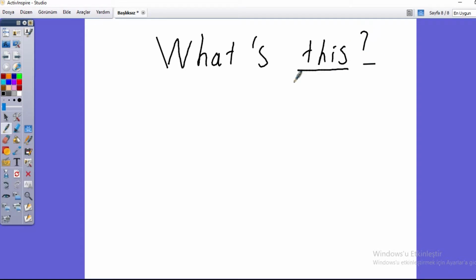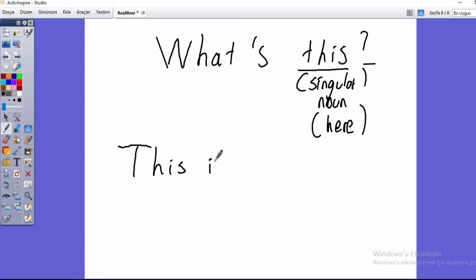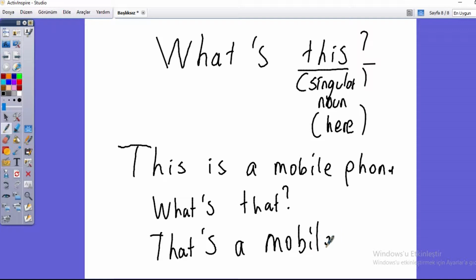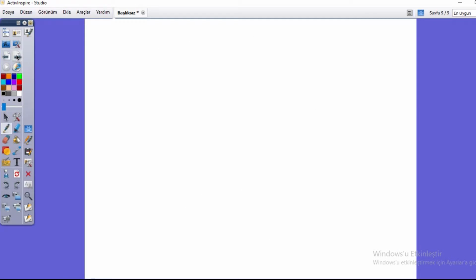What's this? Singular noun, and here. So we say this is a mobile phone. And when it's there, we say, what's that? That's a mobile phone. And for plural forms, when they are here, we say, what are these?